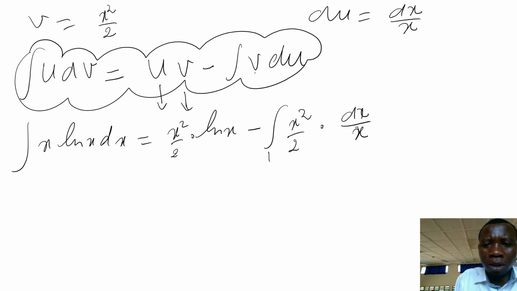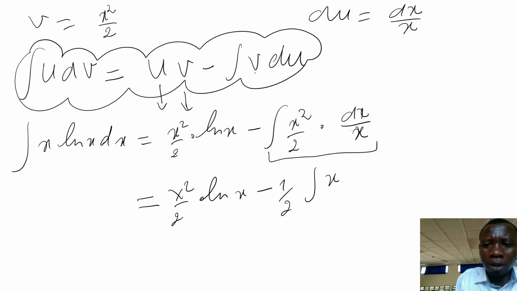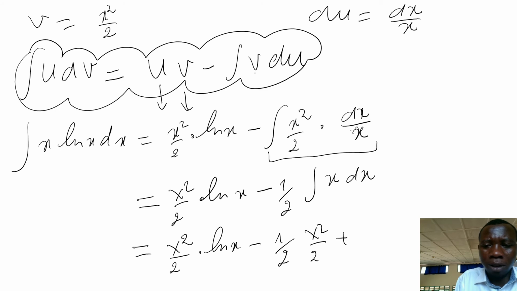So I have to deal with this integral again. So I will have x squared over 2 times ln x. After simplifying, we will get minus 1 over 2 times the integral of x dx, which will be x squared over 2 times ln x minus 1 over 2 times x squared over 2 plus c.